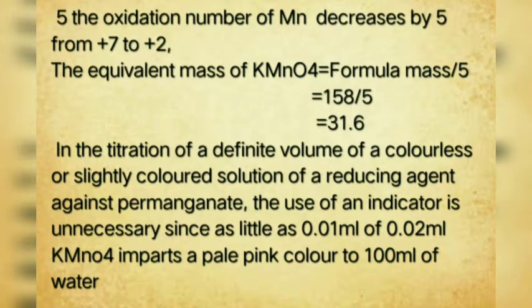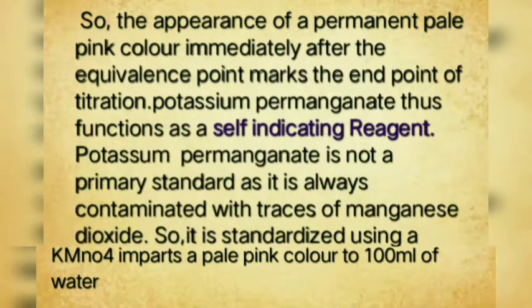The equivalent mass of KMnO4 is equal to formula mass divided by 5, which is equal to 158 divided by 5 equal to 31.6. In the titration of a definite volume of a colorless or slightly colored solution of a reducing agent against permanganate, the use of an indicator is unnecessary, since as little as 0.01 ml of 0.02 M KMnO4 imparts a pale pink color to 100 ml of water.